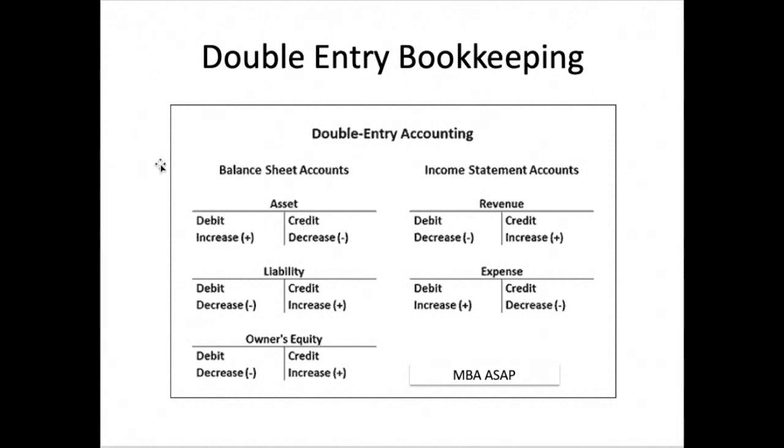And debits and credits look a little different on either side of the balance sheet, right? For assets, a debit increases the account, and credits decrease the account. So if you cut a check to somebody, one side of the transaction would be crediting the bank account. That's an asset, and you've reduced your cash.